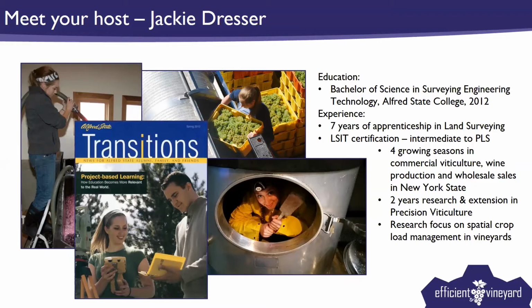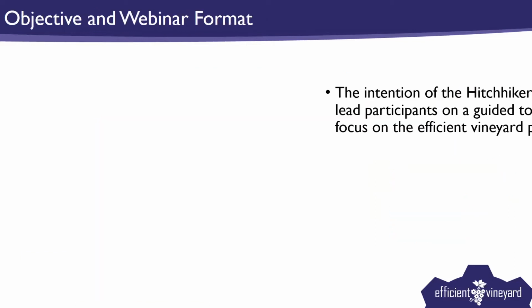My research focus is really on spatial crop load management. We'll talk about what that means, but basically it's balancing the size of a crop with the size of the vine that's attempting to ripen it. So that's where I'm coming from.